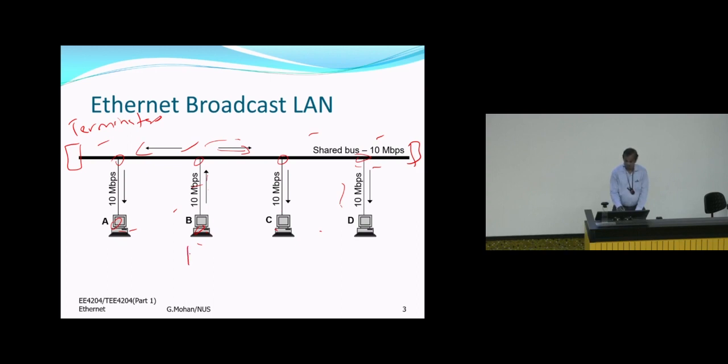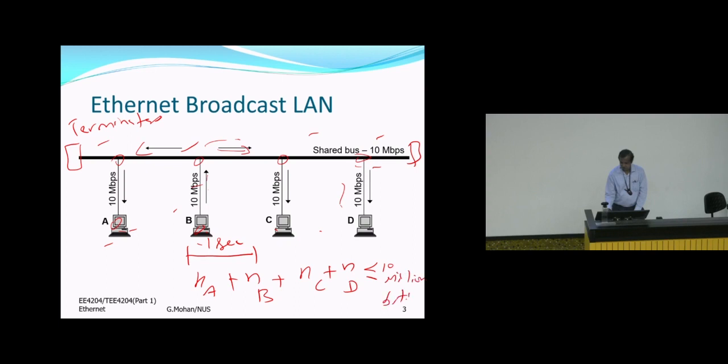You take any 1 second time period, as in the example I have already given: maybe A might have transmitted NA bits, B might have transmitted NB bits, and so on.